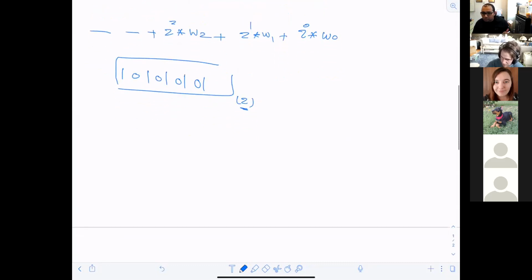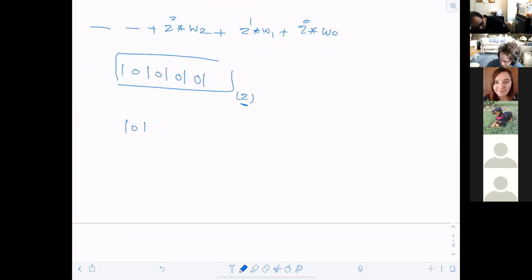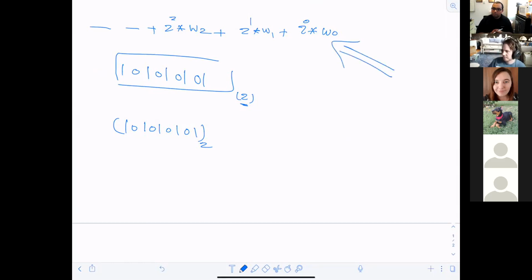Some books write it like this notation, but it is the same idea. If I would like to read this in decimal, what should I do? I'm going to use my weighted system. Let's try it and see what this is.